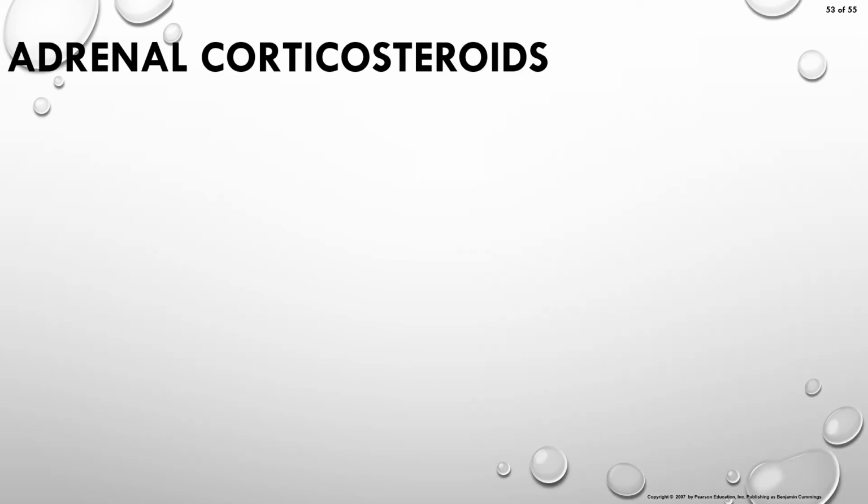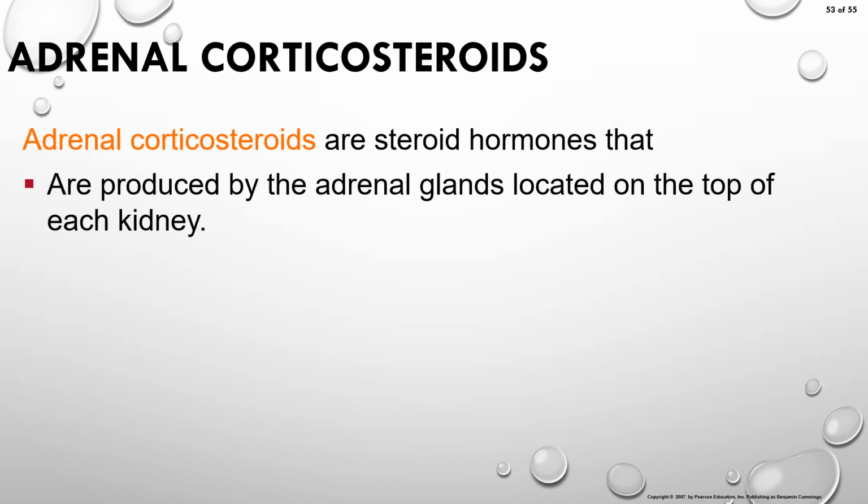Okay, let's talk about other steroids, which are the adrenal corticosteroids. These are also called adrenal corticosteroids or simply corticosteroids. Adrenal corticosteroids are natural hormones made by the adrenal glands or adrenal cortex, which are important in maintaining good health.